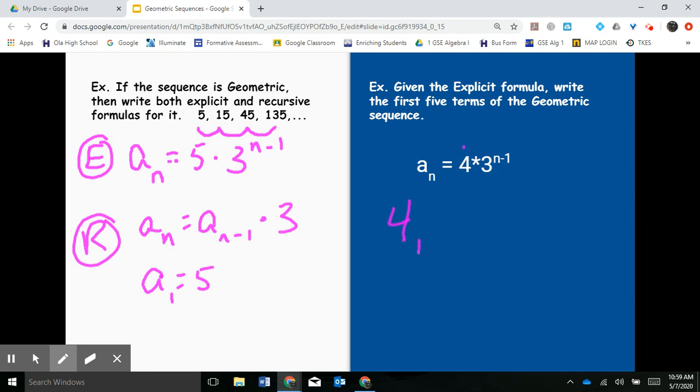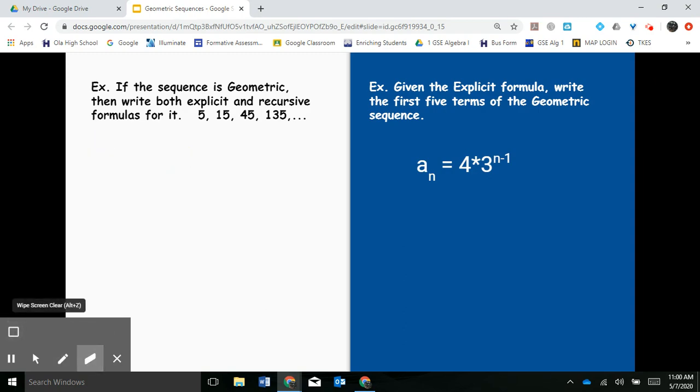The common ratio is 3, so we multiply 4 times 3 and get 12. 12 times 3 is 36. 36 times 3 is 108. And 108 times 3 is 324. And so we just worked our way backwards. Instead of going from the sequence to the formula, we went from the formula to the sequence. And that's pretty much all we're going to be doing.